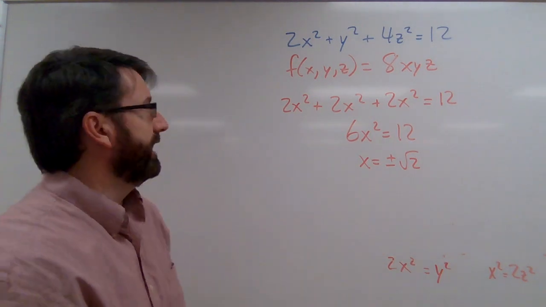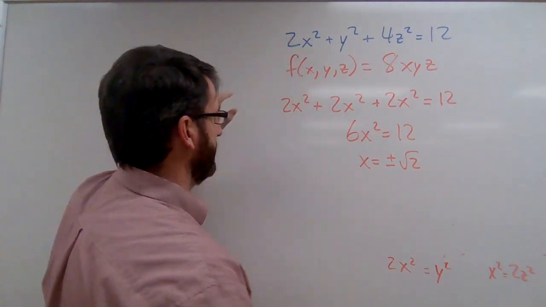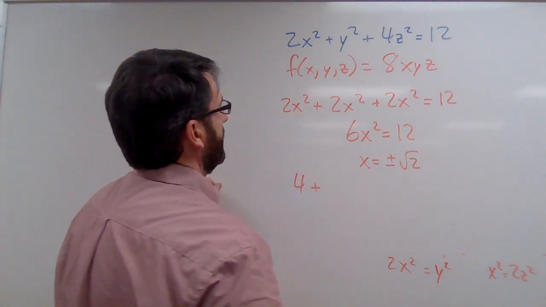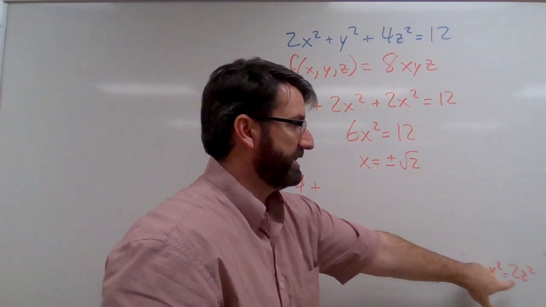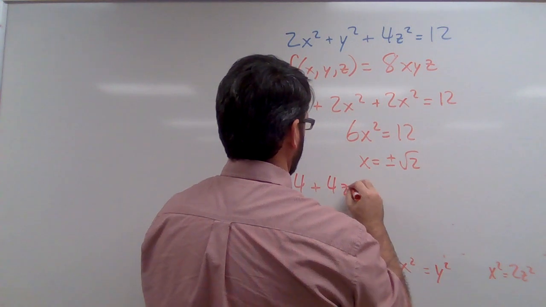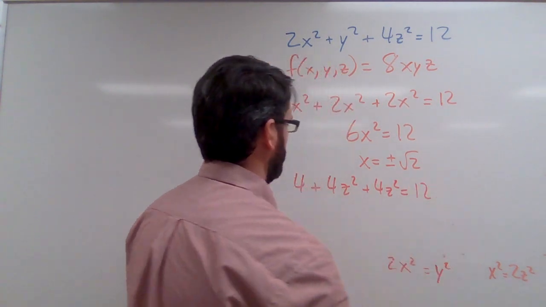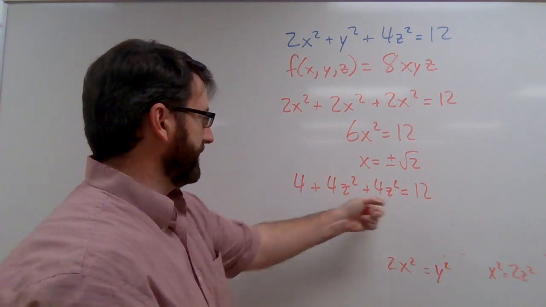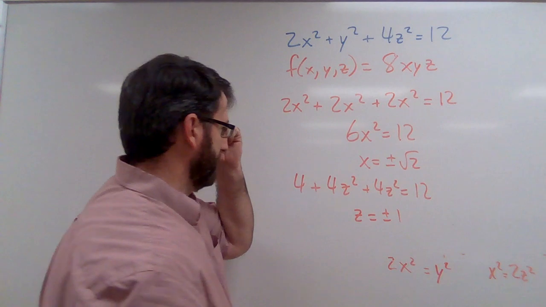All right, and then let's go ahead and use this value. So if we plug that in here, we get 4. And y squared is equal to 2x squared, which is equal to 4z squared. So y squared is 4z squared plus 4z squared is equal to 12. So we get 8z squared is equal to 8, so z is equal to plus or minus 1.